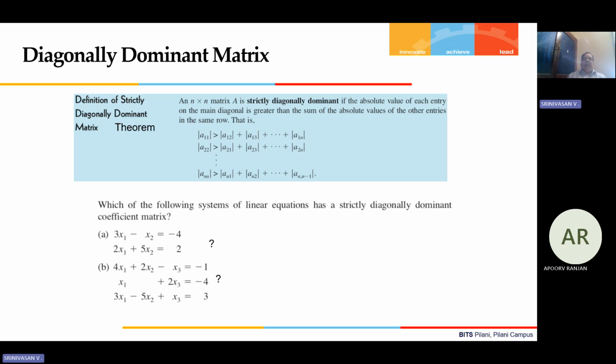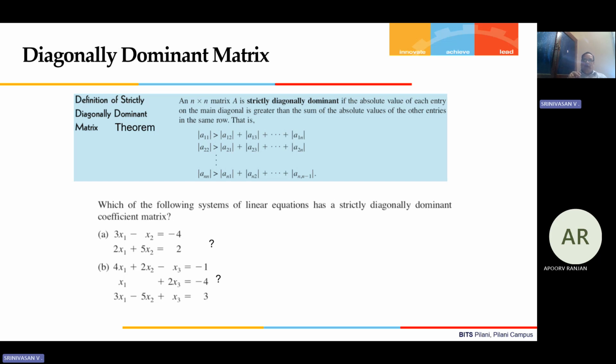What does it mean? Modulus A11, first row, principal diagonal element A11. So modulus A11 must be greater than the sum of the absolute values of the other elements in that row, that is mod A12 plus mod A13 plus etc. plus mod A1n. Similarly, go to the second row. What is the principal diagonal element? A22.